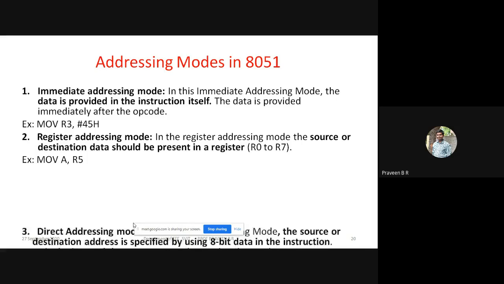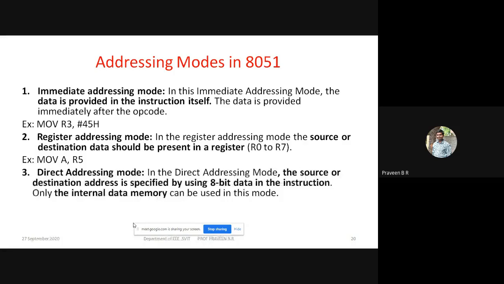What is direct addressing mode? In the direct addressing mode, the source or the destination address is specified by using 8-bit data inside the instruction, and this particular addressing mode can only be used for internal memory, not for external memory. So if I want to move data from a particular internal data memory location into a register, I will use direct addressing mode.